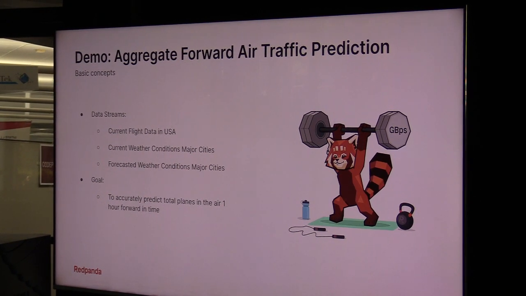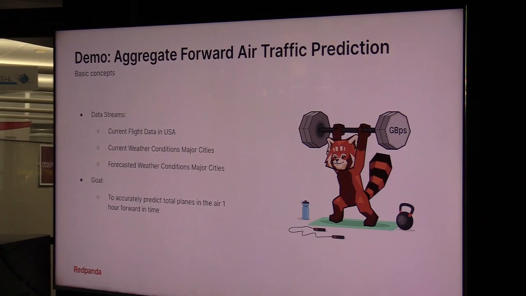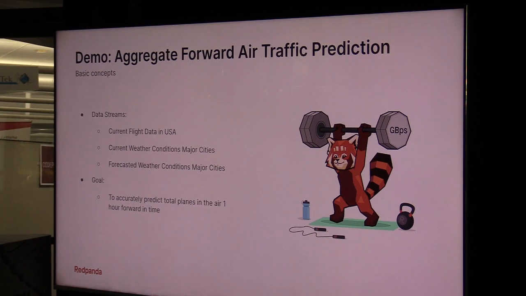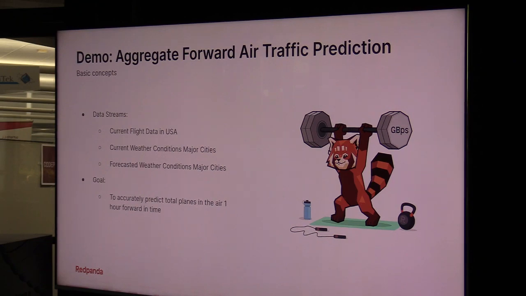So what can I get for data streams for that? From public APIs, I can get the current flight data in the US, just planes in the air. I can get that from an API. It's free. I can get the current weather conditions in major cities. That's free as well. But current weather conditions may not be as helpful to me as, say, forecasted weather conditions.